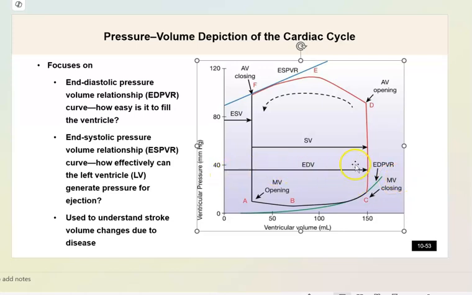So EDV here, at the volume at the very end of rest, our end diastolic volume is corresponding to the total volume in the ventricle achieved during diastole. So at this point here is our end diastolic volume.